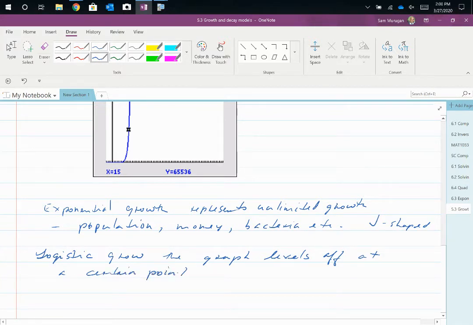In other words, the graph is not unlimited. Unlimited versus leveling off. That's what I wanted to point out to you as the big difference between exponential and logistic growth, unlimited graph.